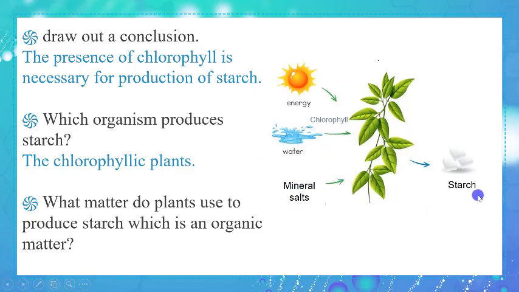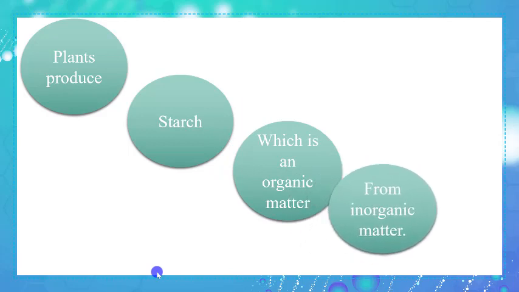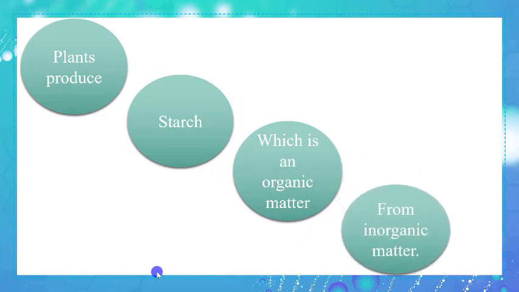So for the production of starch, plants need inorganic substances, and we can also say mineral substances. So starch is produced from mineral matter. So now we can say plants produce starch, which is organic matter, from inorganic matter.